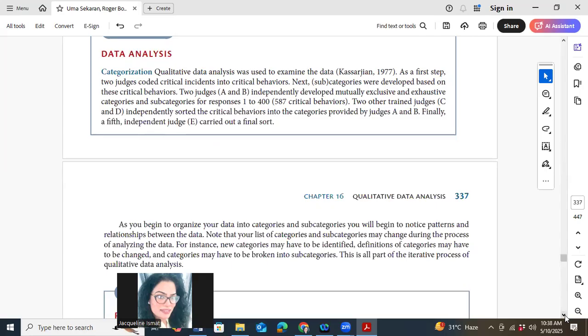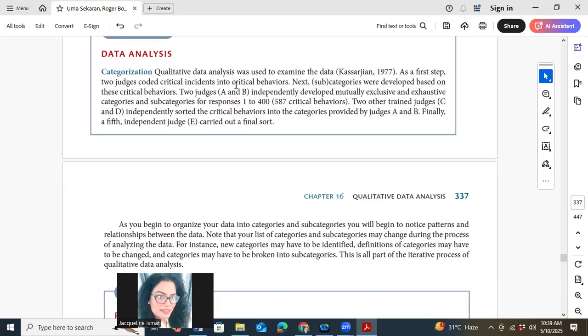So qualitative data analysis was used to examine the data. As a first step, judges coded critical incidents into critical behaviors. Next, subcategories were developed based on the critical behaviors. Then the two judges independently developed mutually exclusive and collectively exhaustive categories and subcategories.